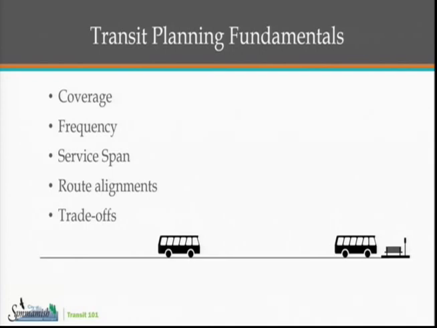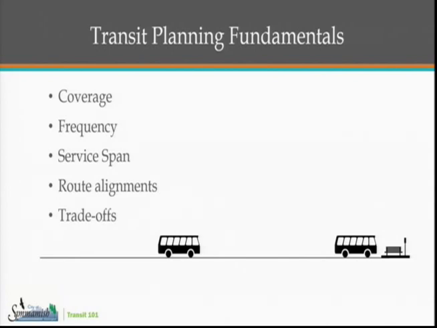First, the key transit planning fundamentals: what factors go into designing a transit system. We've listed a few factors that transit agencies weigh, with trade-offs in how they provide service. Coverage is where the routes go, how close they are to your home or destination. Frequency is how often the vehicle arrives throughout the day.